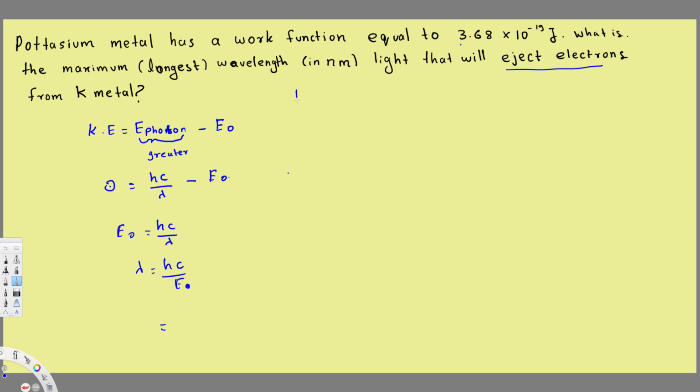So let's plug in all the values. h is Planck's constant, that is always 6.626 times 10 to the power of minus 34 joule second.